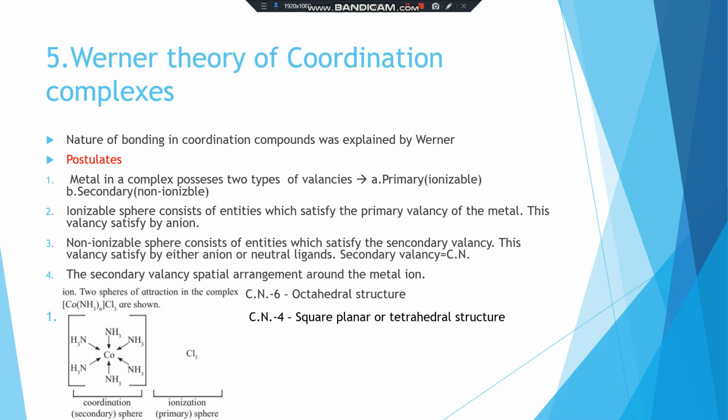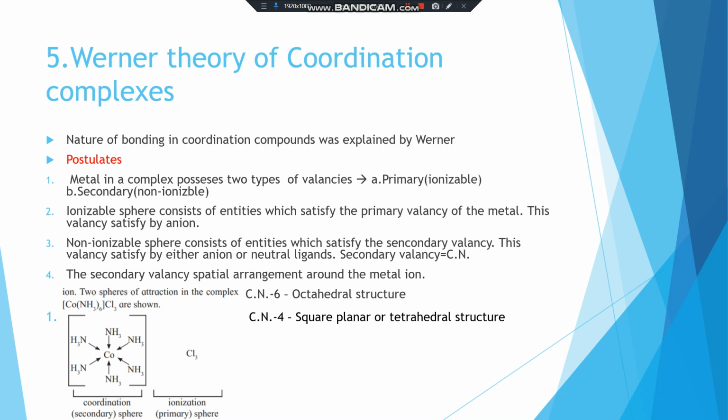Then the fourth postulate, the secondary valencies have a fixed spatial arrangement around the metal ion. The two spheres of attraction in the complexes are shown in the figure. In the coordination complex, this is the secondary sphere [Co(NH3)6], and Cl2 is ionizable, that is the primary sphere.